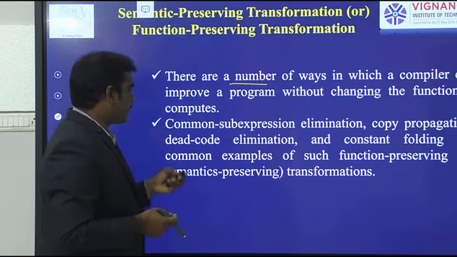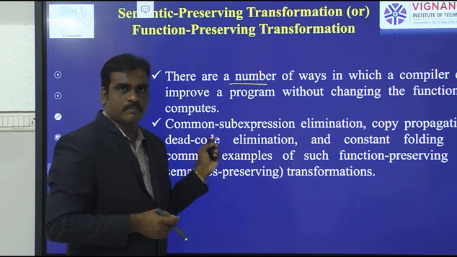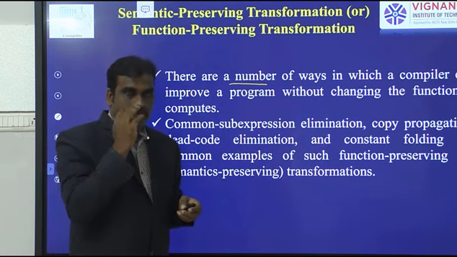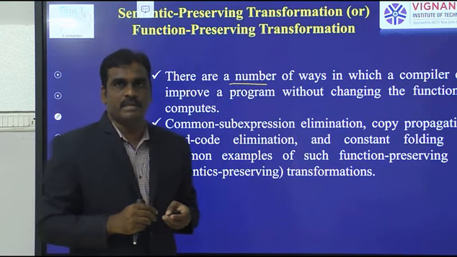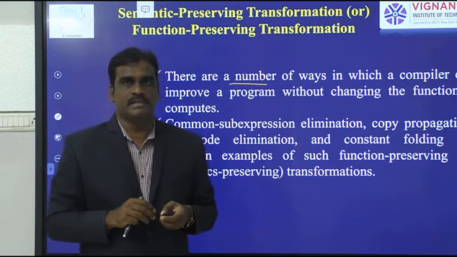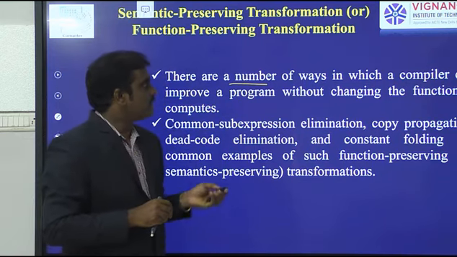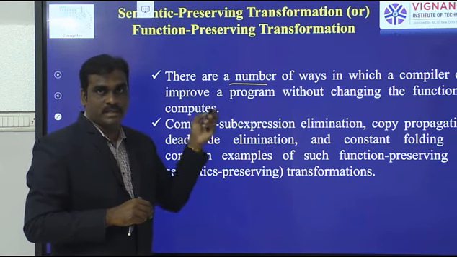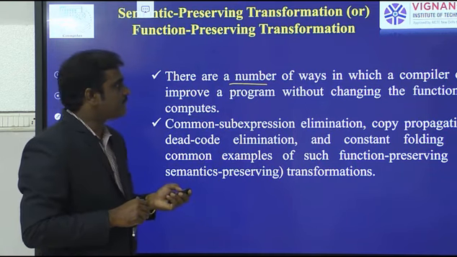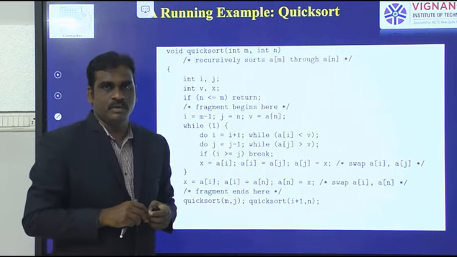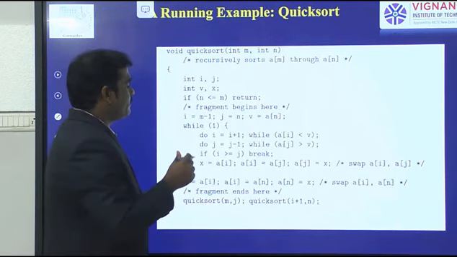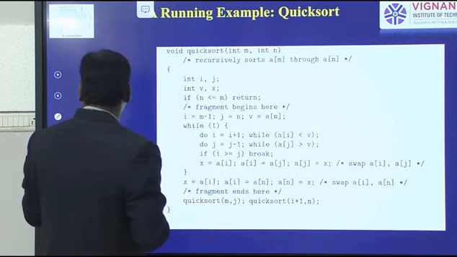So before applying these topics, first we need some input. Here the input is nothing but a flow graph. Especially in this concept, I am taking the example of the quicksort program.